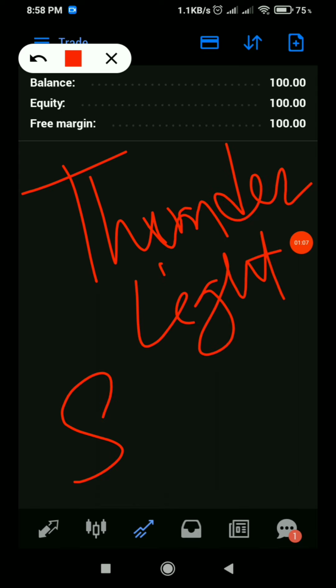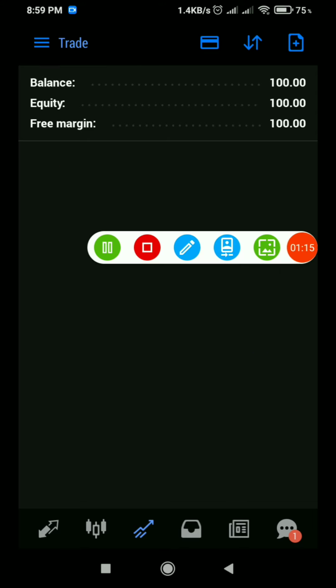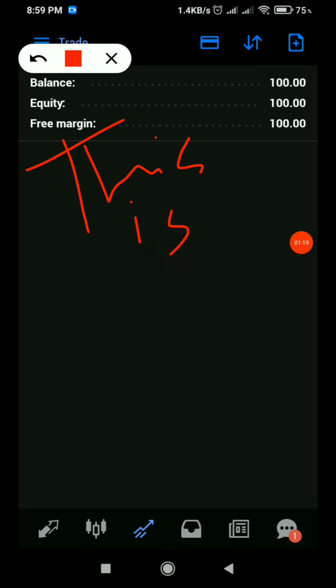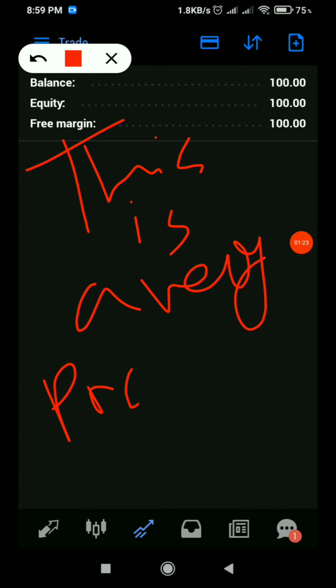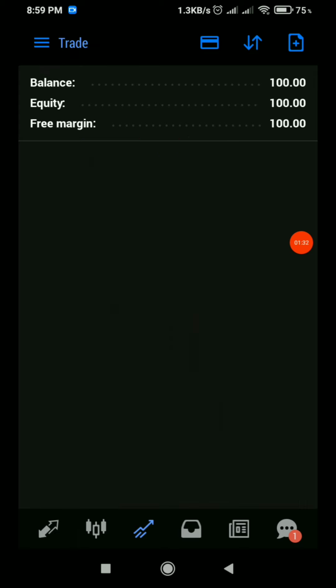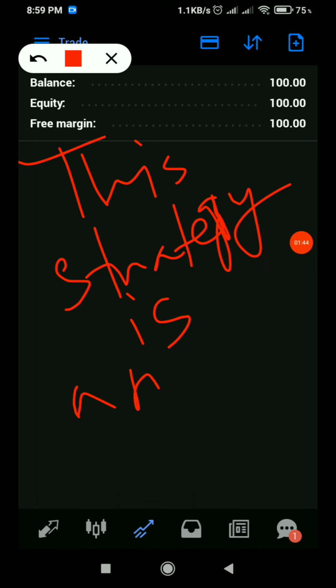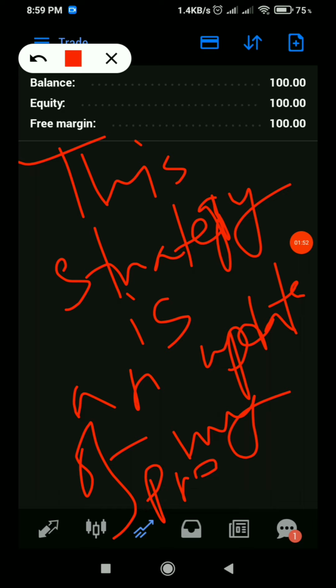Tunnel light strategy will show you the path. As you know, when there is a thunder, the stranger can see the light to find out the path. This is a very promising strategy because this light will show you the path of success. It will be a Pathfinder.